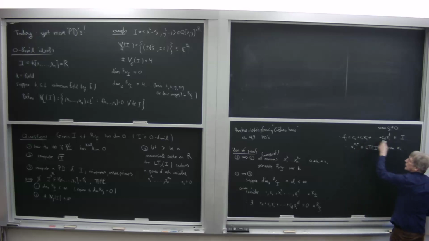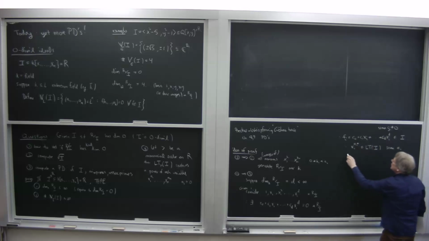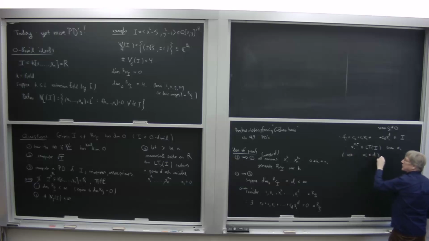Not necessarily xi, because all these might be non-zero, so you take the largest one. What I'm saying is that there is some polynomial in there, and the lead term of it is whatever it is. And note also that ai is less than or equal to d. We don't need that for the proof here, but that's what we get.